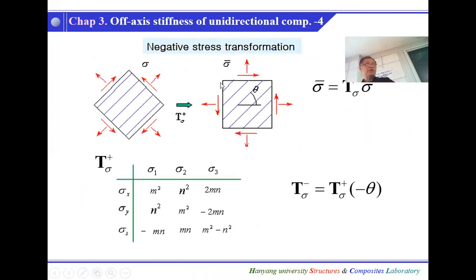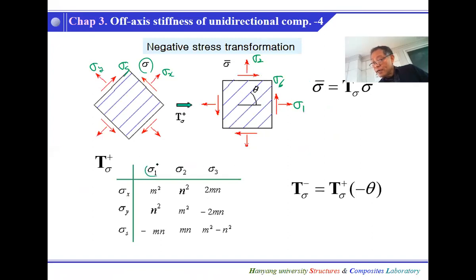Now, same story goes for stress. Exactly the same. So there will be a stress given, sigma x, y, and s, and this is the sigma 1, 2, and 6.